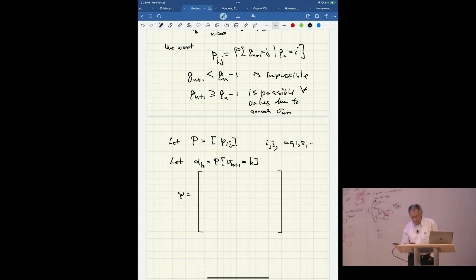Now, can I go from state 0 to state 0? The last guy left behind 0. Can the next guy leave behind 0? Qn was 0. Can Qn plus 1 be 0? That's what this entry right here would be, correct? 0 to 0. Is that possible? I left behind 0. Next guy left behind 0.